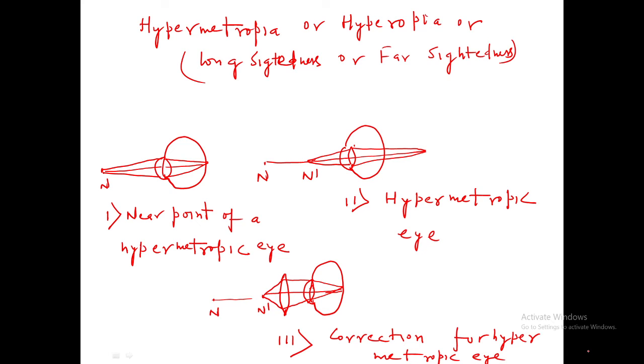Third, in this defect, the light rays from the nearby objects are focused at a point behind the retina of the eye. Figure 2. And this defect can be corrected by using spectacles having a converging convex lens of suitable power. The purpose of using this lens is to provide the additional focusing power required for forming the image on the retina.